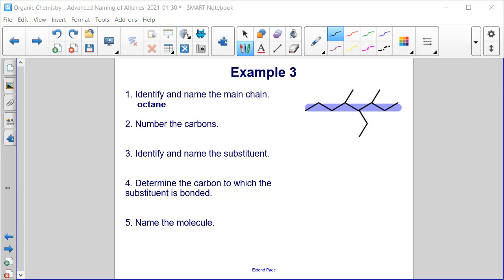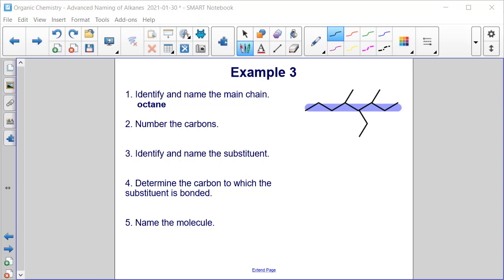All right, so you can see with the highlight in purple, the octane chain identified for us. Now we need to number these carbons. So remember, we need to start our numbering on the end of the chain that's closest to any substituent. We want that first substituent to have the lowest number. If I start here, I get 1, 2, 3, 4. So I'd start with 4.